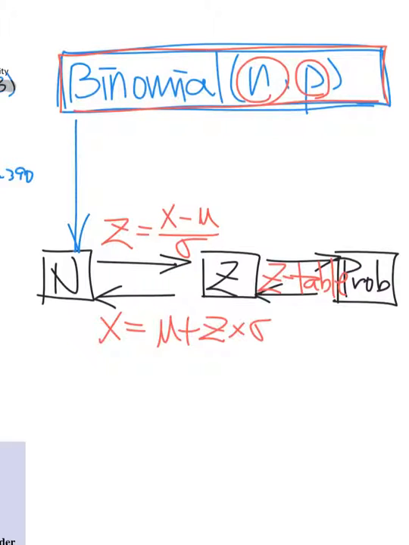But look at this. For the normal distribution, what did we need? Actually, not n, not p. For the normal distribution, we needed the mean and the standard deviation, right? We can take them from the binomial. How?